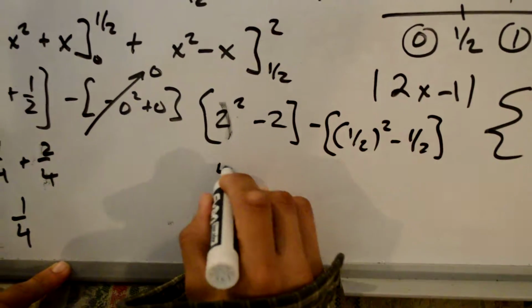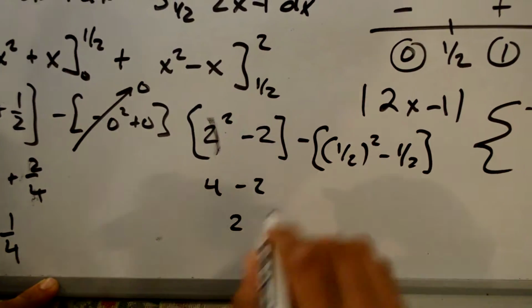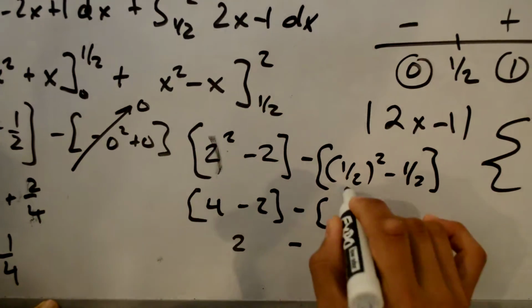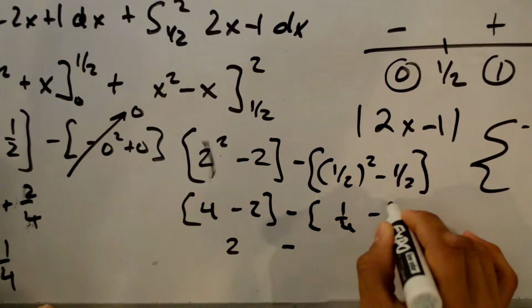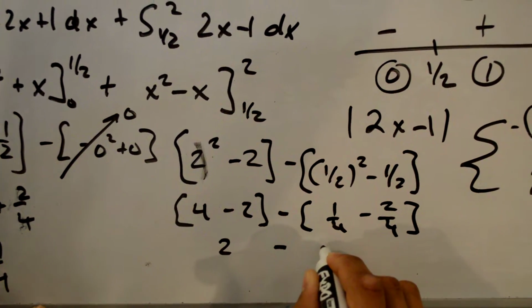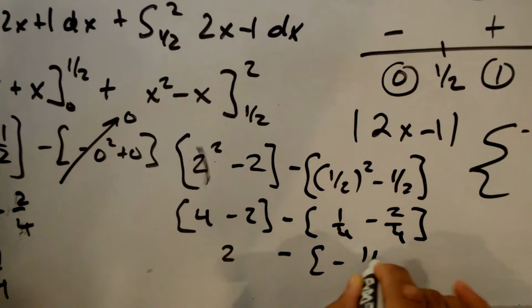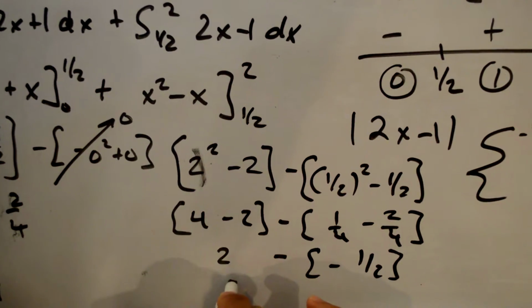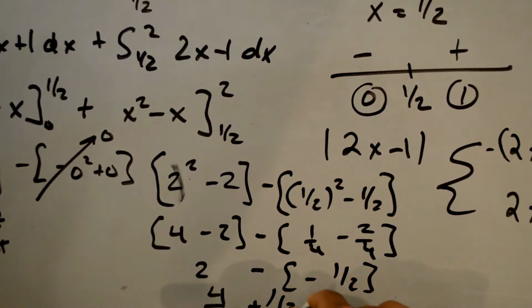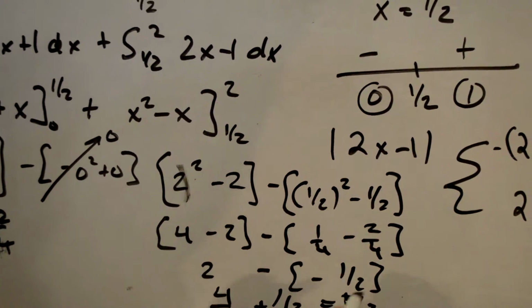So this will be 4 minus 2, which is 2, minus, this is 1/4 minus 2/4. 2/4 is the same thing as 1/2. So that's negative 1/2. So this is 2 plus 1/2, which is equal to 5 halves, right?